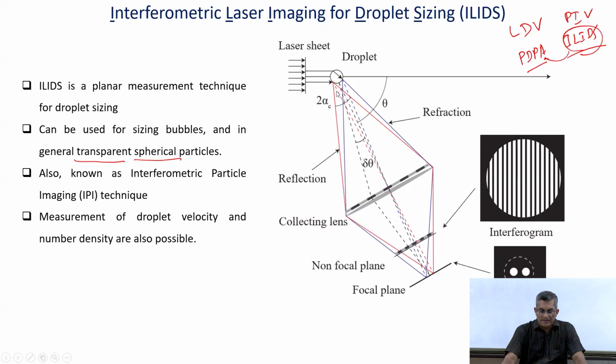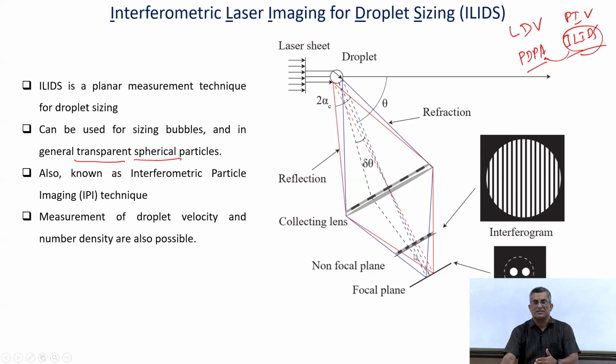What happens in this case is that the light which is reflected and refracted interferes with each other. However, in the focused plane, we see these two points which are known as glare points.